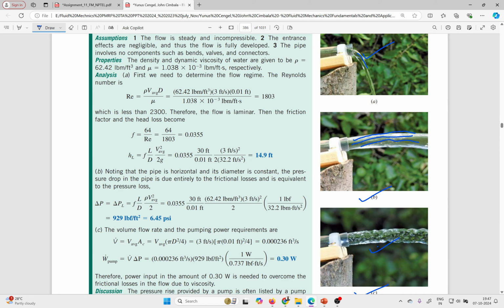From far away the flow looks very ordered, but when we go near to the flow, then you can easily say whether it is laminar or turbulent. Here you see very zigzag motion type of flow.